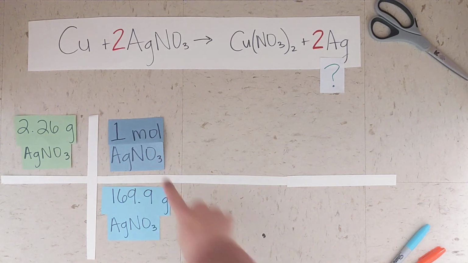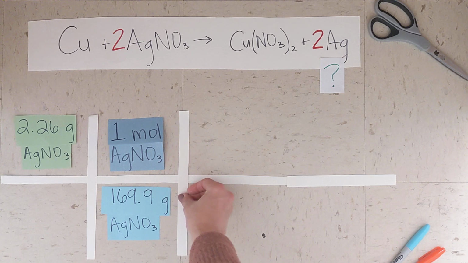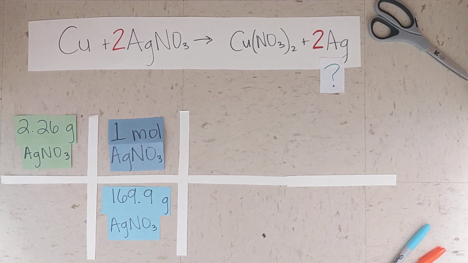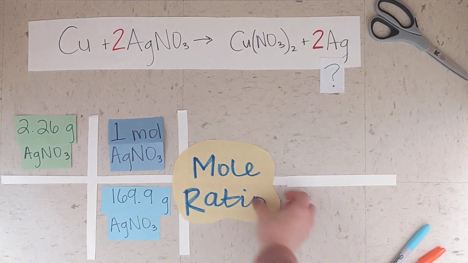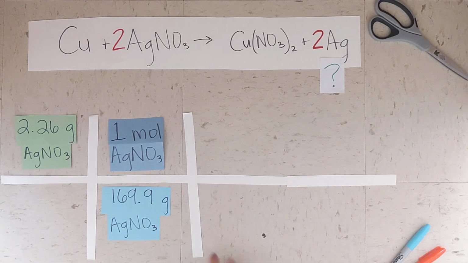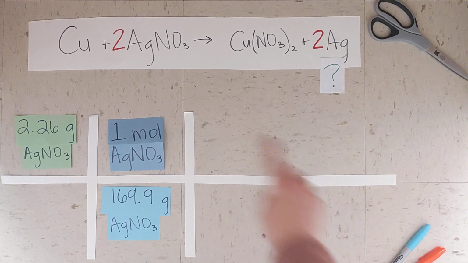Now, that gets us to moles of AgNO3, but the problem asks us to find grams of Ag. So we'll add another one. Step 2 says we need to use our mole ratio in order to convert moles of X to moles of Y. So the mole ratio, we'll get that from our balanced chemical equation.